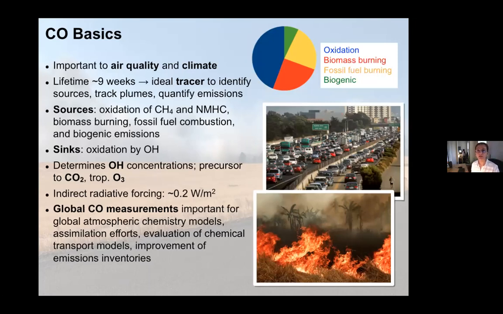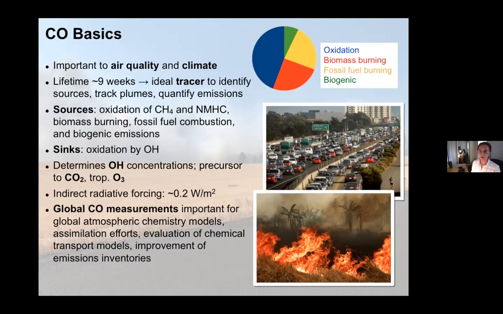Its main sources are oxidation of hydrocarbons, biomass burning, fossil fuel burning, and biogenic emissions from vegetation and from the ocean. Its main sink is OH, and because of that, it determines the concentrations of OH, and that's very relevant for the life of other species in the troposphere.